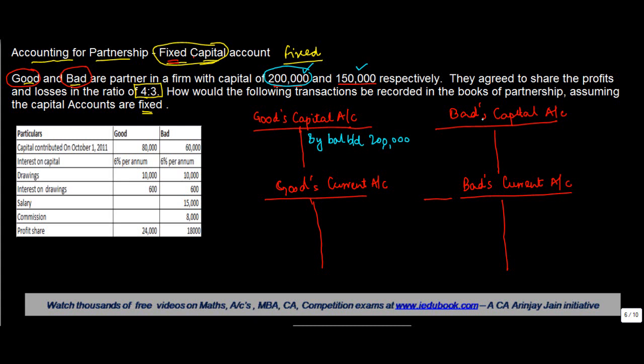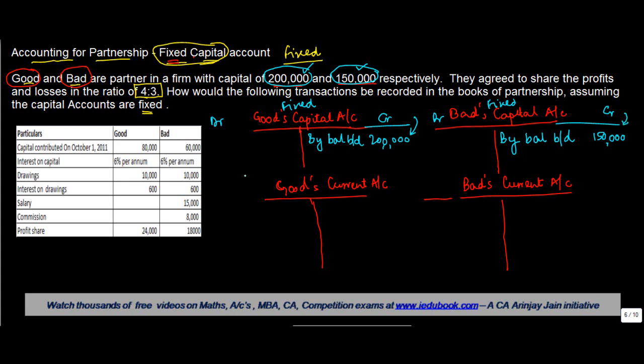Similarly, this is Bad's fixed capital account, by balance brought down 150,000. We know that in a ledger, this is the debit side and this is the credit side. Because a capital account has a credit balance, I have to put the balance on the credit side.